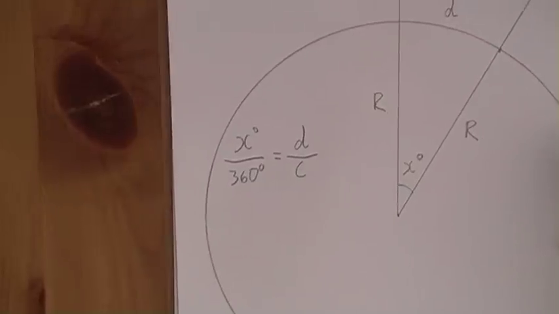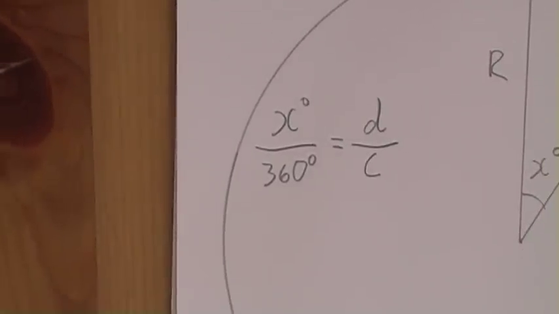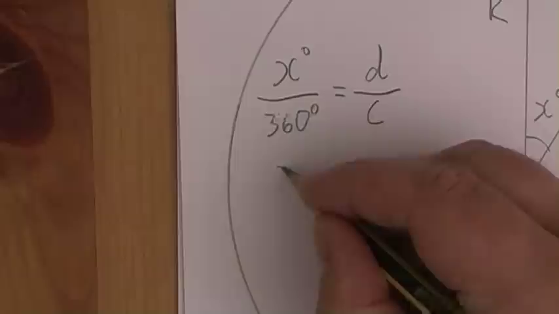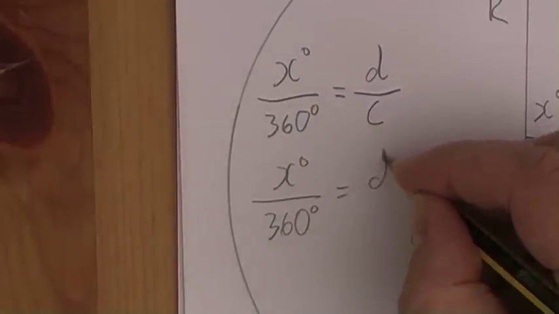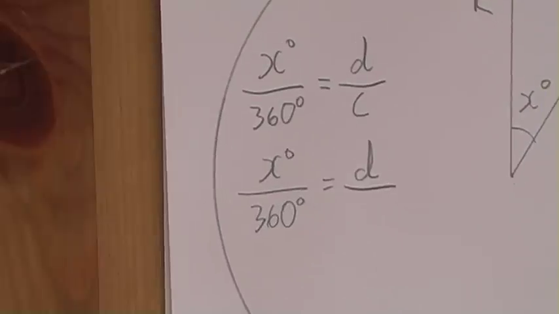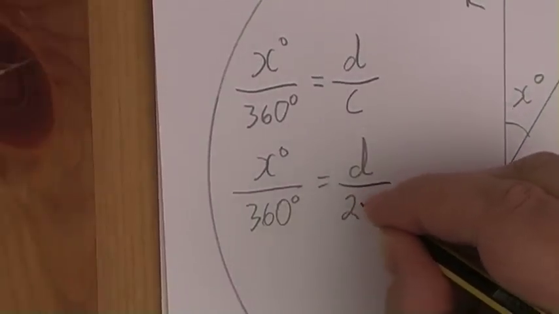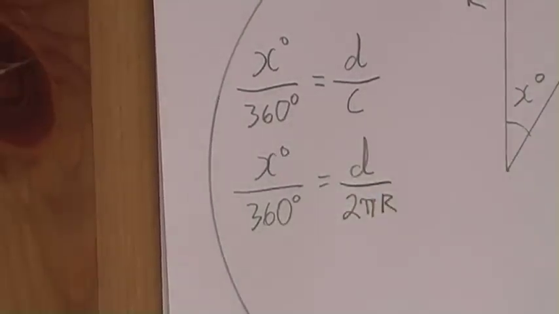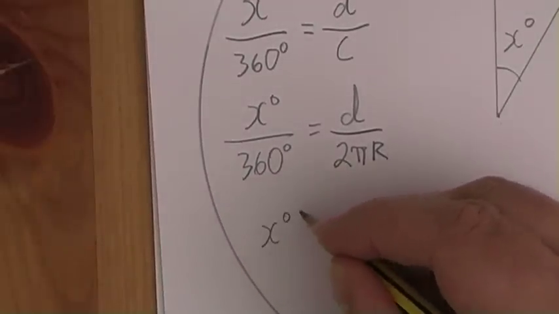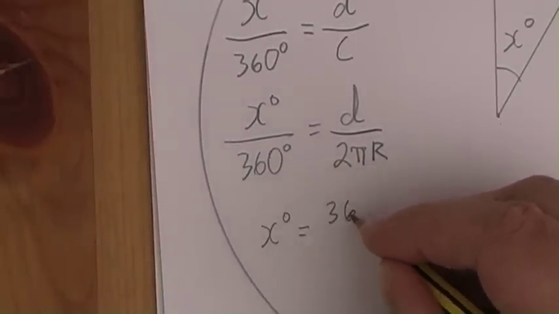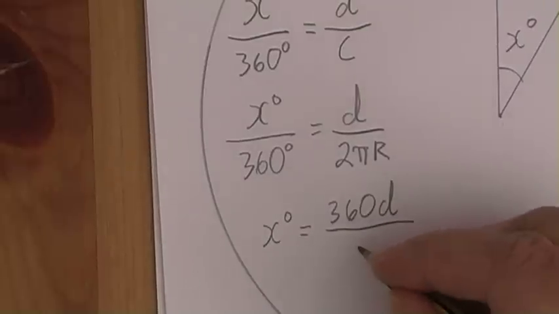Okay. I'll zoom in so it's a bit clearer what I'm doing. Now, I can write that as x degrees over 360 degrees equals d over the circumference. Now, the circumference of a circle is 2 pi r. Now, if I rearrange this, we get x degrees equals 360 d all over 2 pi r.